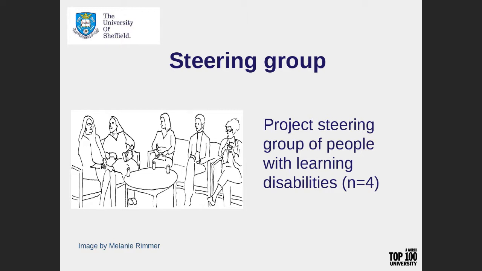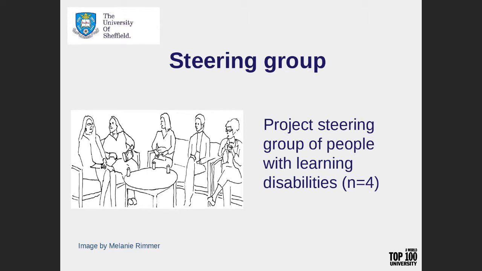And our steering group members suggested images that we could use, and when we developed those images, they selected the ones that they thought were most clearly illustrating the meaning that we were trying to get across.